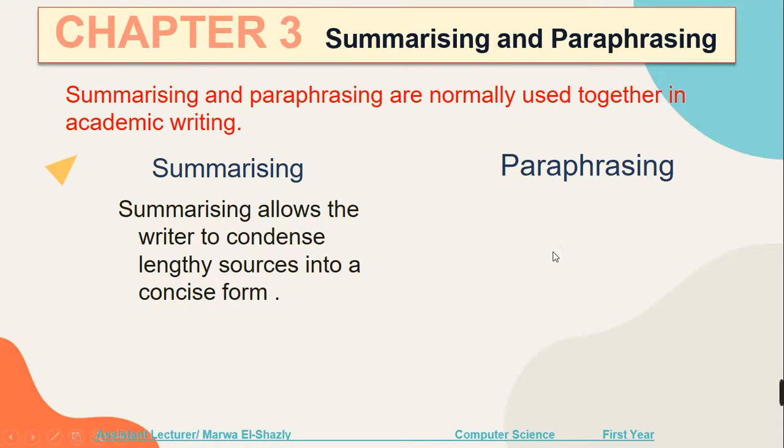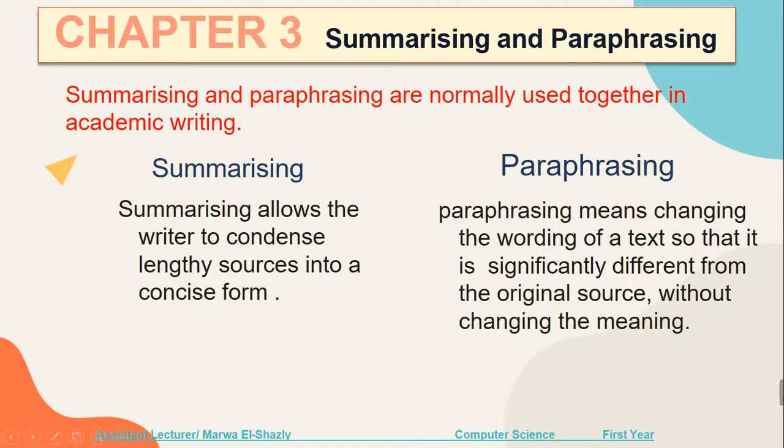On the other hand, paraphrasing معناها changing the wording of a text تغيير الكلام so that it's significantly different مختلف كليا from the original source من المصدر, without changing the meaning بدون تغيير المعنى. يبقى في السمرايزنج بنخلي اللينث بتاع التكست ده أقل، في البارافريزنج بنغير الوردنج أو الكلمات بنعمل لها شكل تاني ترتيب تاني عشان بس بنحتفظ بالمعنى. Both are needed to avoid, قلنا, the risk of plagiarism.